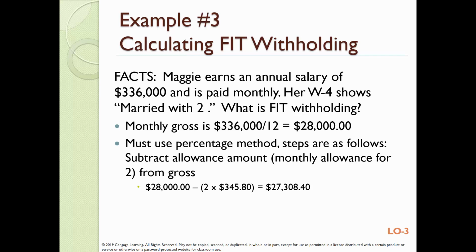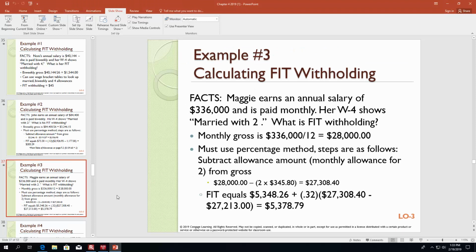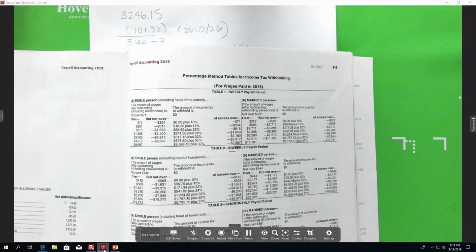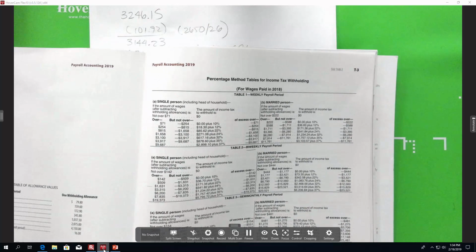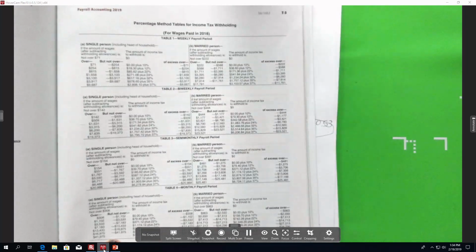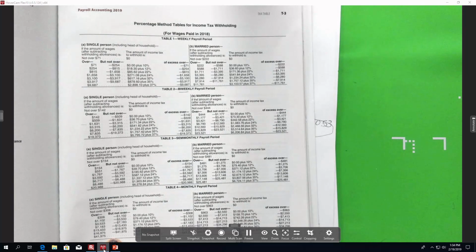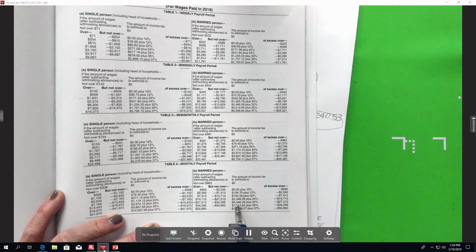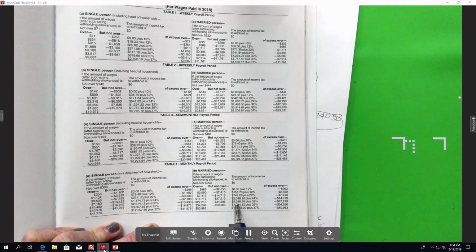And I think 27,308. She's going to be here. Her tax is equal to 5348.26 plus 32% of that amount that we just calculated minus 27,213.